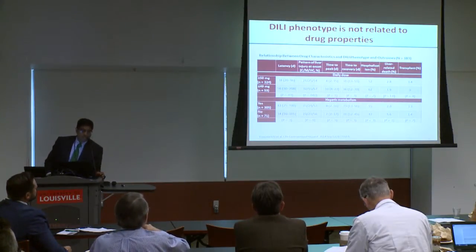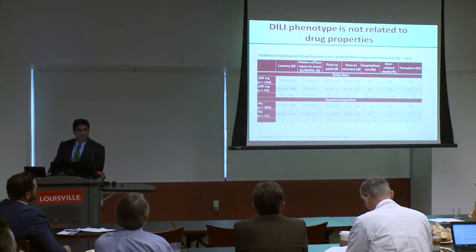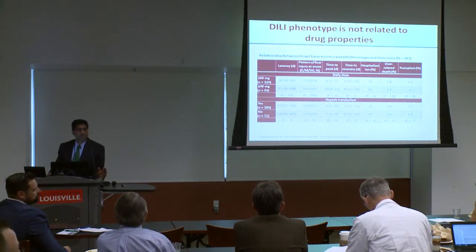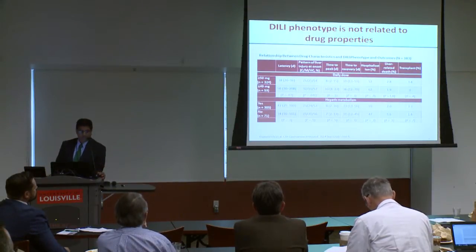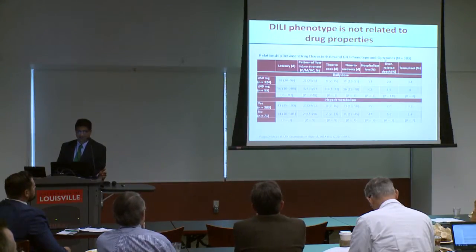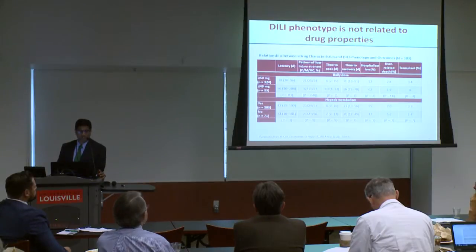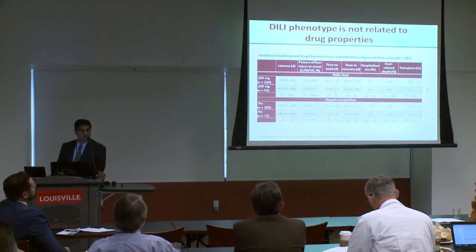One of the papers that's out this month is our work on whether drug properties influence the severity of liver injury and outcomes, because our prior work looked at drug properties and risk of liver injury. So we looked at the relationship between drug characteristics and DILI phenotype with regard to type of injury and outcomes. These are patients enrolled in the Drug-Induced Liver Injury Network with good causality assessment, vetted, with all the information available on outcomes and characteristics.